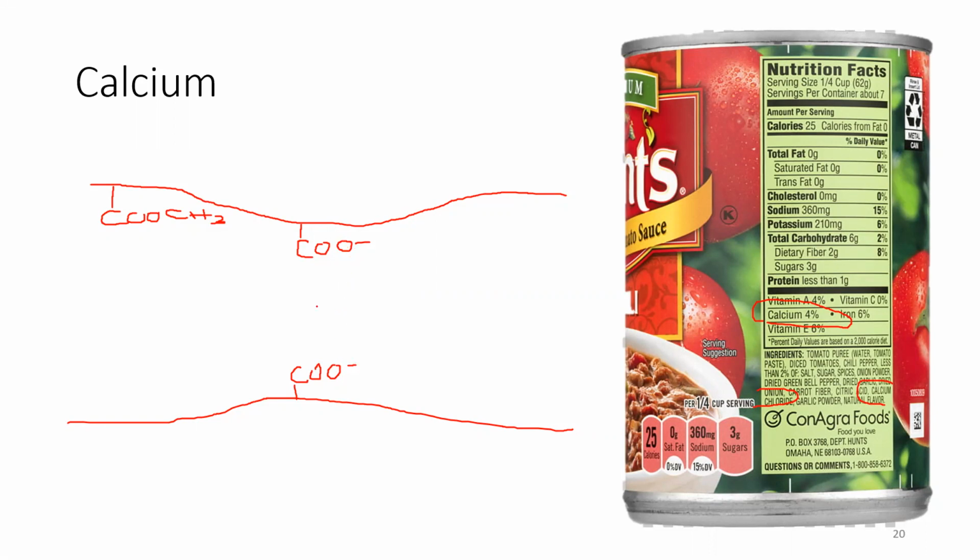Are those going to attract each other or repel each other? Repel. So what do you think that's going to do to the texture of those tomatoes? Make it squishy. Exactly. If pectin is the glue that holds everything together and that glue is repelling itself, then it's going to become more squishy.